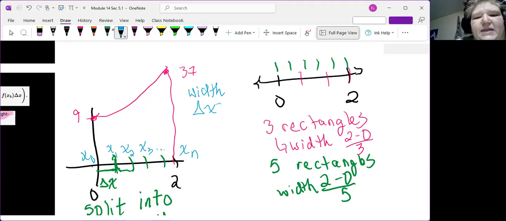So delta x is b minus a, when we're looking at the interval from a to b, over n, where n is the arbitrary number of rectangles we're picking. So see, 2 is our b, 0 is our a, and in these specific examples, n was 3 and then 5. So now I'm going to do it for the n rectangle case.